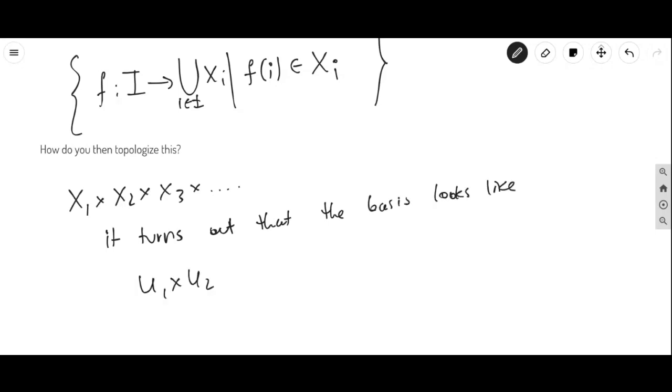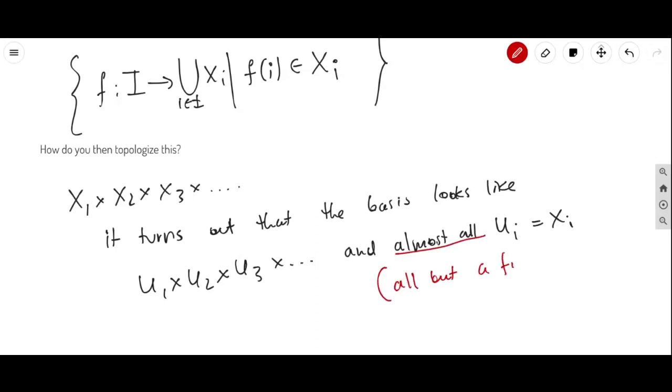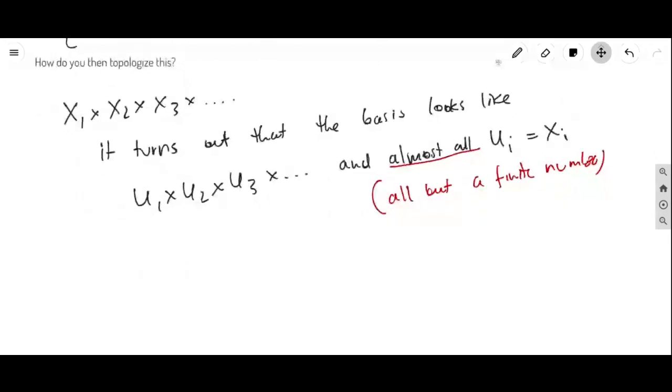You would think it's just a product of open sets, but with the requirement that almost all U_i are equal to X_i. Almost all means all but a finite number. So maybe the first two can be arbitrary open sets, but all of the other ones have to be the entire space.